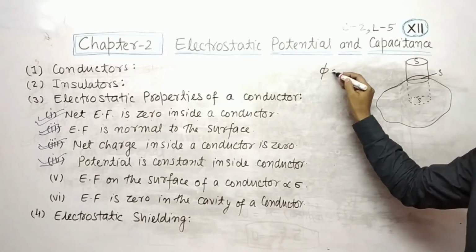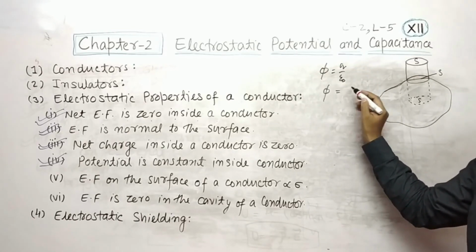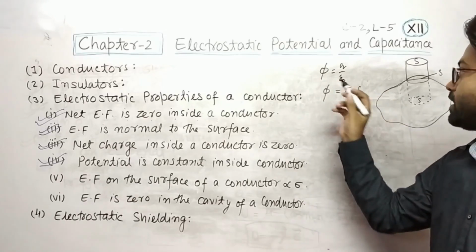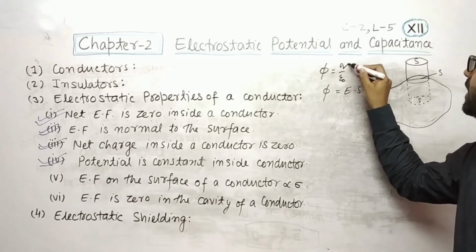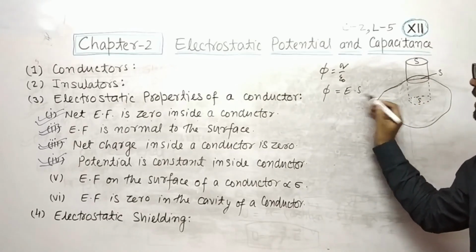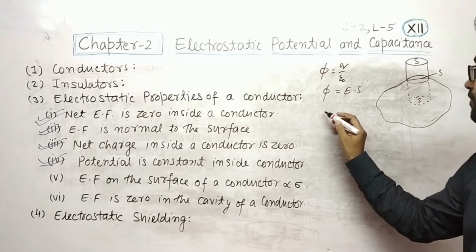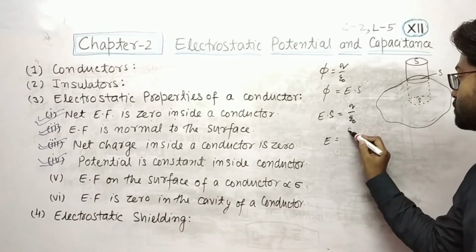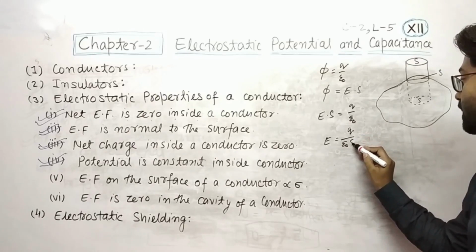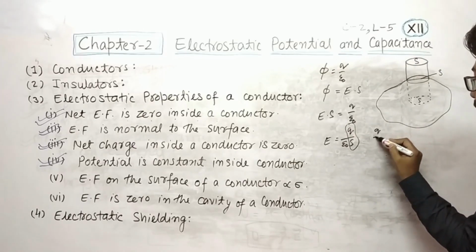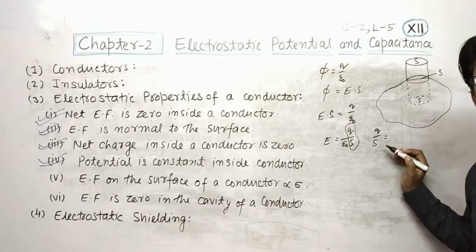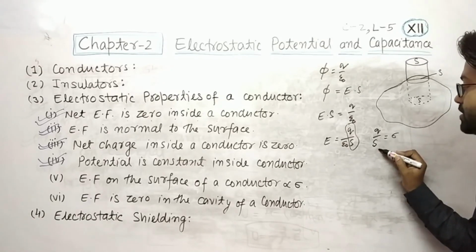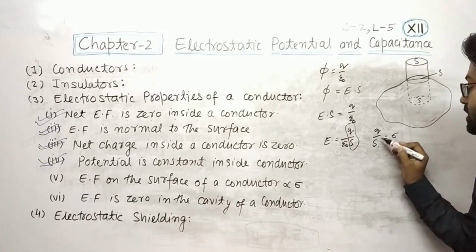We can write phi equals Q by epsilon naught, and phi equals E dot S. According to Gauss theorem, net flux is equal to net charge upon epsilon naught, and flux is E dot S. So E S equals Q by epsilon naught, and E equals Q by epsilon naught times S. Q by S means charge upon surface area, which is sigma, called surface charge density or superficial charge density.